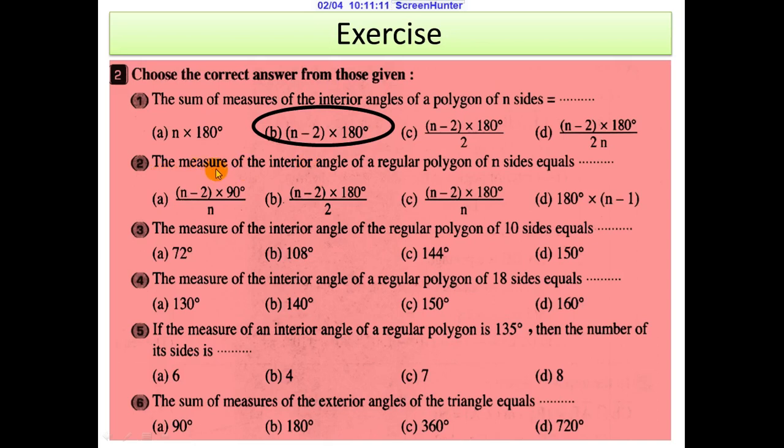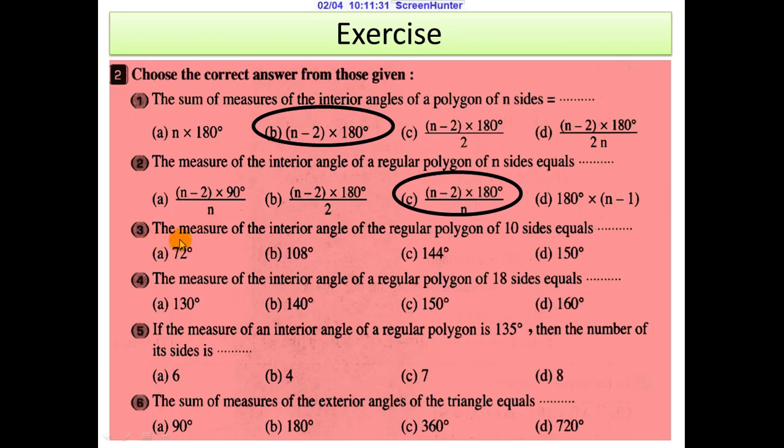Number 2, the measure of interior angle of a regular polygon of n side equals what? When he asked me to find the measure of one interior angle of a regular polygon, what about the suitable rule here? Yes, it will be letter C. This is the suitable rule.